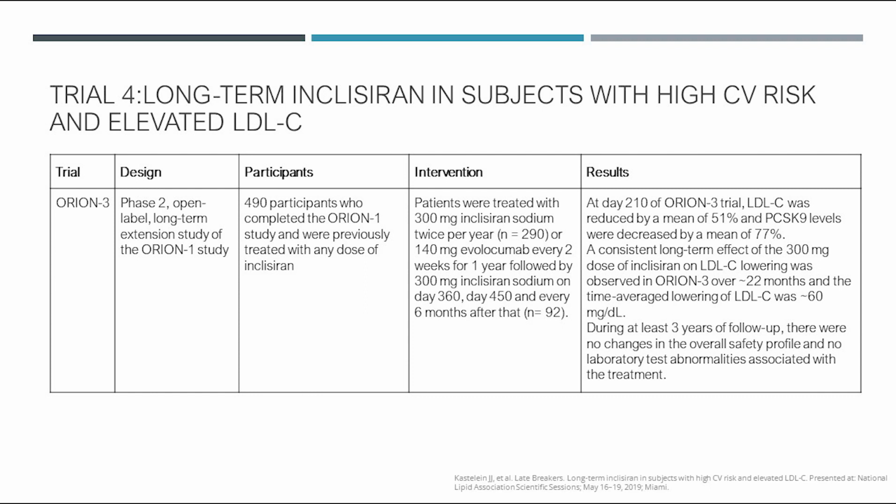A consistent long-term effect of the 300 milligram dose of Inclisiran on LDL was observed in the Orion 3 trial over about 22 months, and the time averaged lowering of LDL was approximately 60 milligrams per deciliter. During at least 3 years of follow-up, there were no changes in the overall safety profile and no laboratory test abnormalities associated with the treatment.